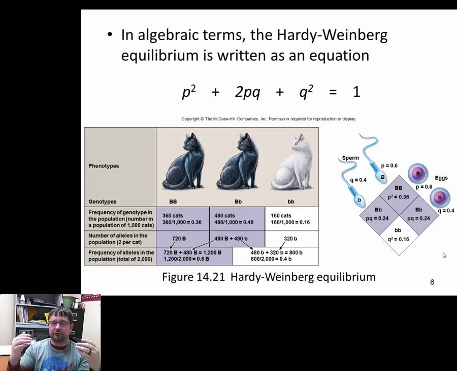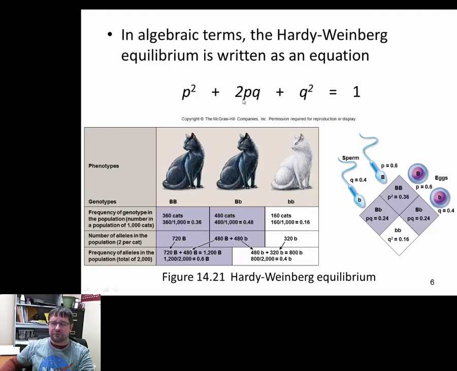Now, where this differs from the original equation, dominant plus recessive equal to 1, is that this is homozygote dominant plus heterozygote plus homozygote recessive is equal to 1.